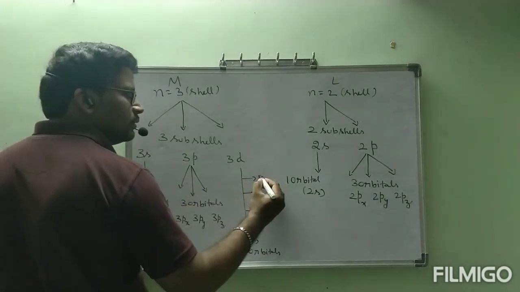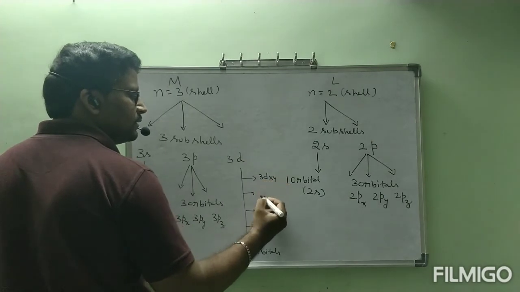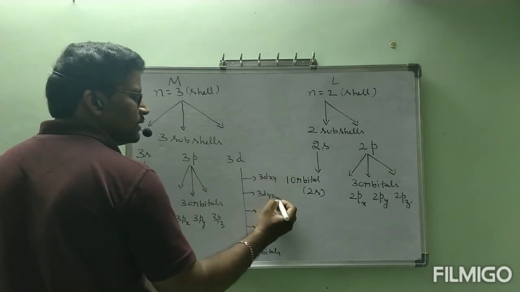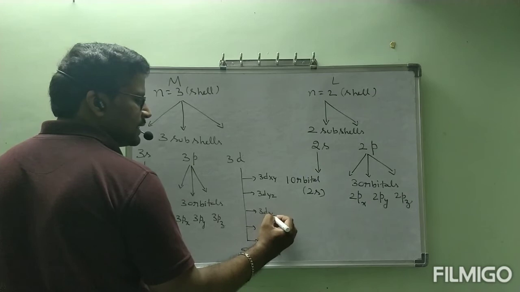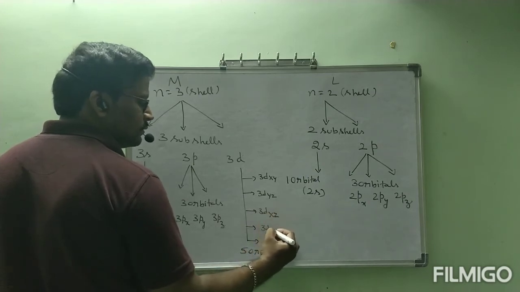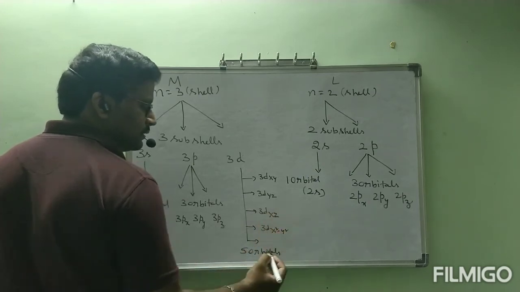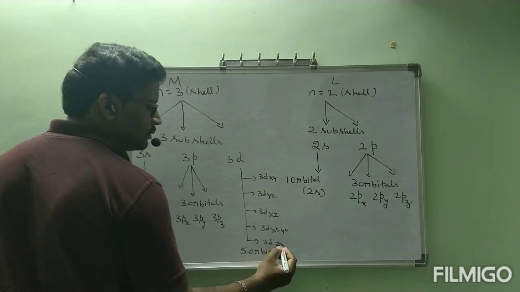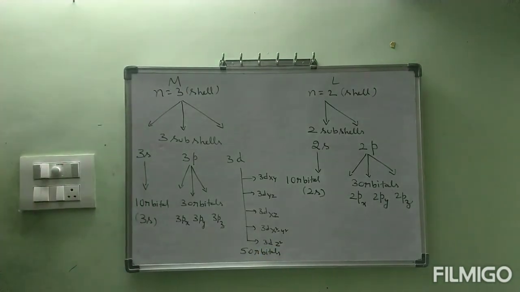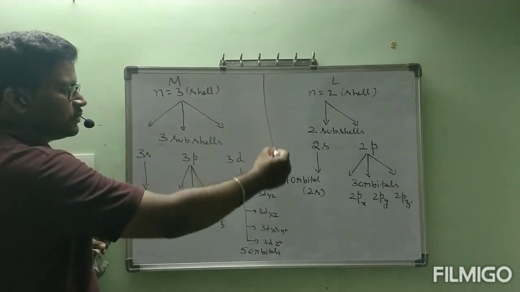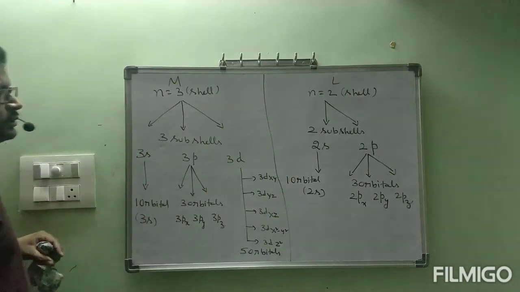What are the names? 3dxy, 3dyz, 3dxz, 3dx square minus y square, 3dz square. This is the information about the third shell.